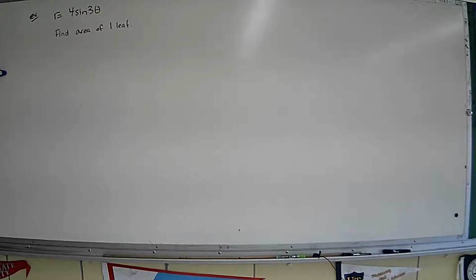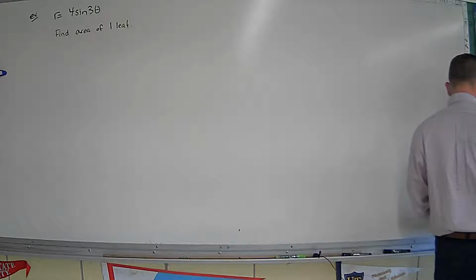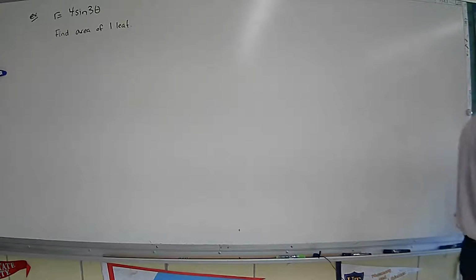Okay, so one way of doing this, to find the area of one leaf, would be to find the area of all 3 and then just divide by 3. Okay? But we want to be a little bit more strategic, because I think it'd be more fun to find the values of theta that will sweep out one leaf.